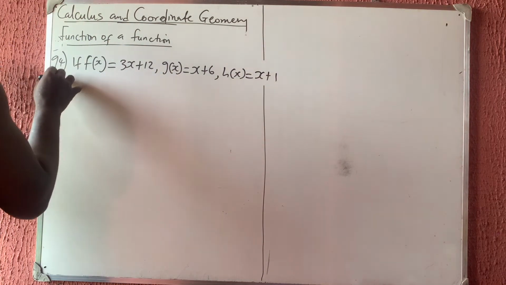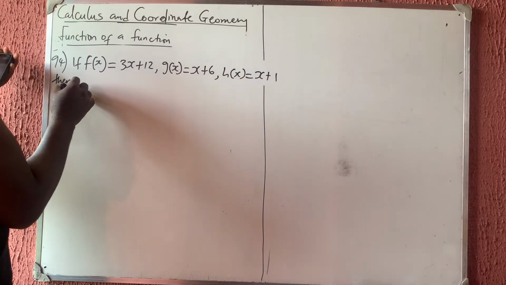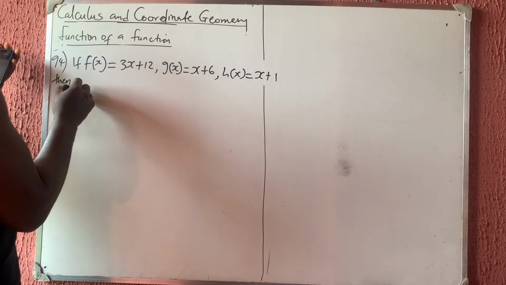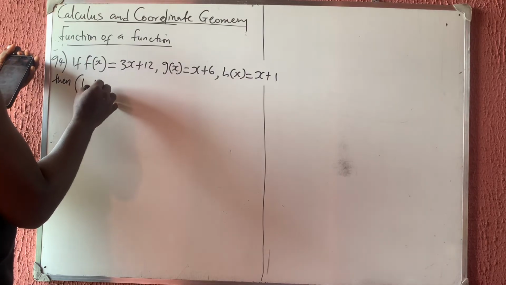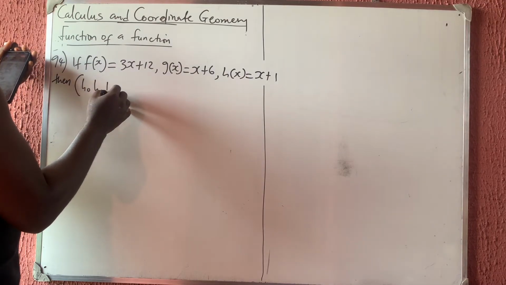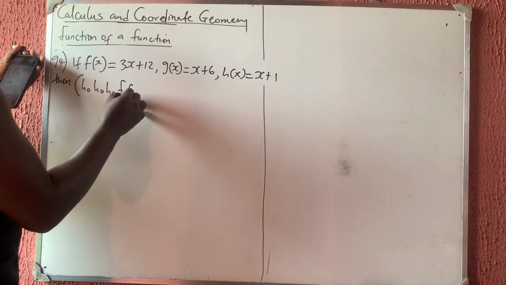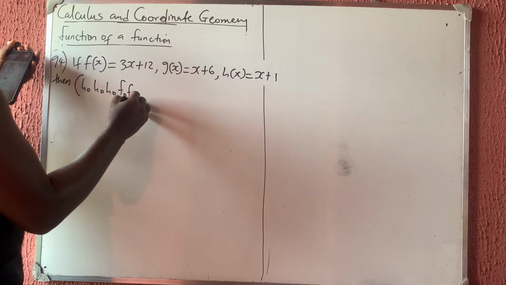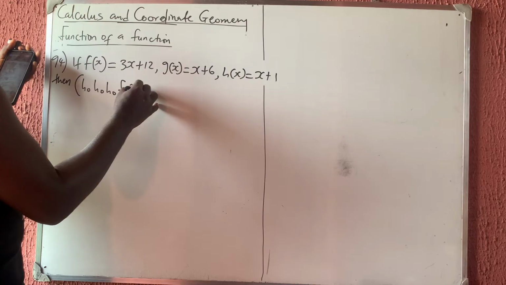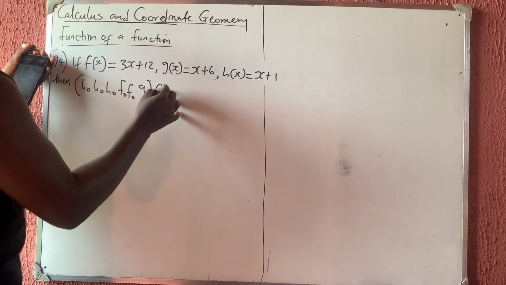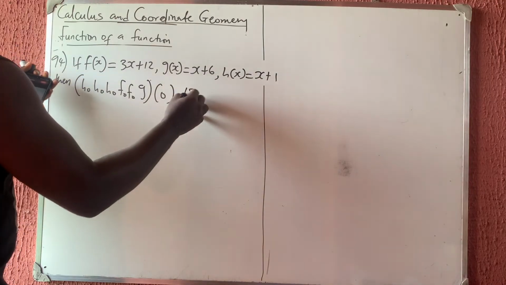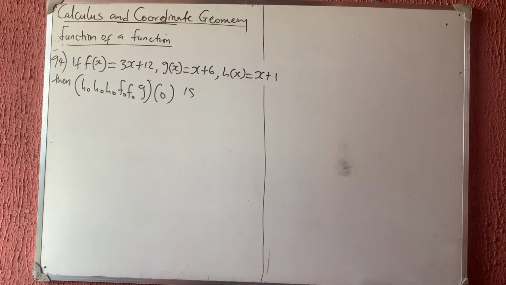Then we should find h of f of f of g of 0. Okay, this is again very simple.